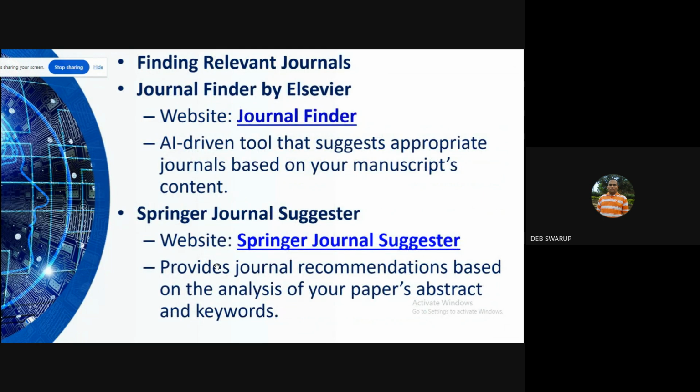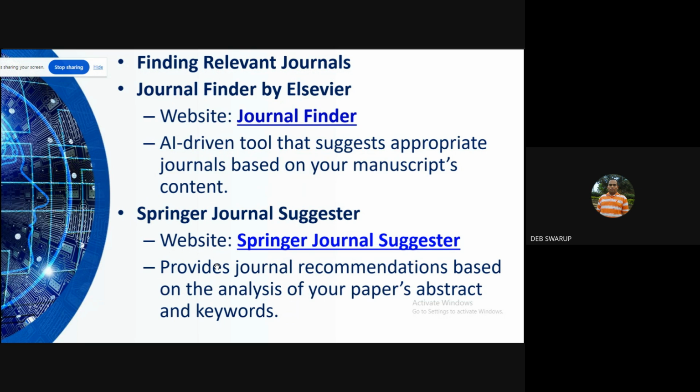Now, how to find the relevant journal? There are many AI-based websites. Every publisher has one. Springer has it, Elsevier has it, then Wiley has it. Wiley has the Journal Finder, Springer has the Journal Suggester. So what they do is take the keywords.